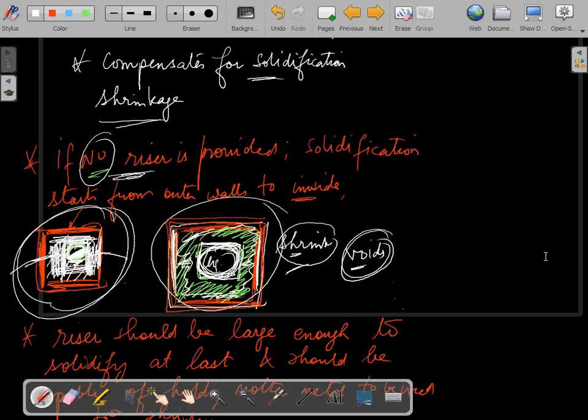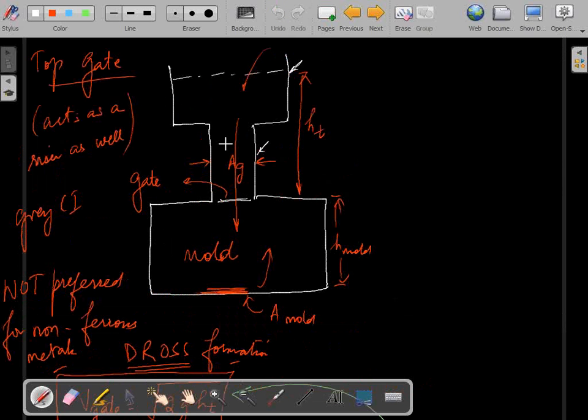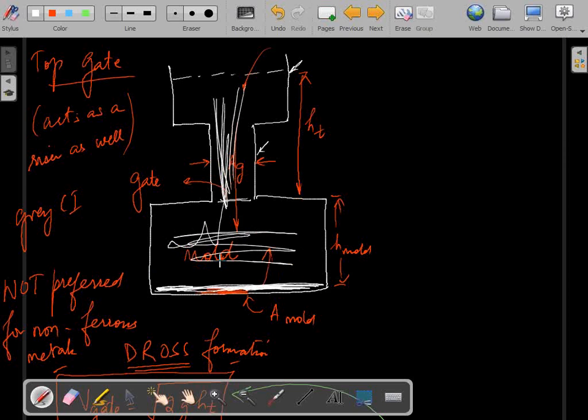See, if you go to the diagram, let me go to the diagram. Let's say this is the top gate. Now in top gate, it starts solidifying at the bottom, and you keep on pouring it from the top, and as it keeps on filling the mold cavity, it will start solidification at the bottom.